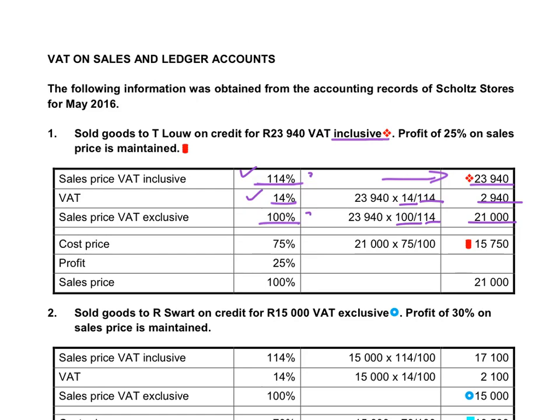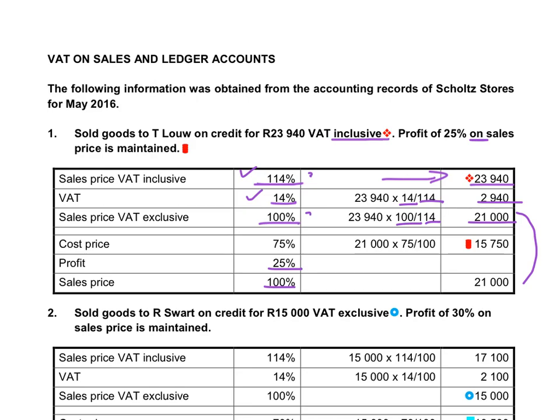The sales price VAT exclusive is used to calculate the cost price. Profit of 25% on sales price is maintained. If it's on sales price, then the sales price equals 100%. The profit equals 25%.